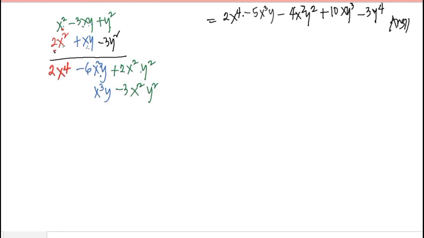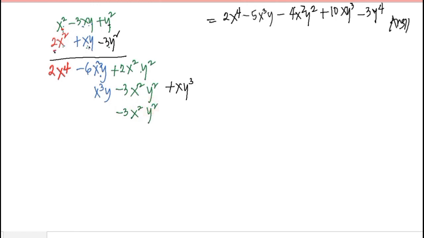And xy times y squared, that's positive xy cubed. Okay, so proceed tayo dito sa pangatlo. That would be negative 3y squared times x squared, that's negative 3x squared y squared.